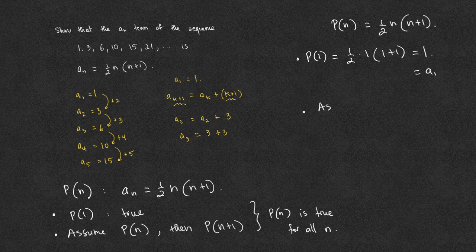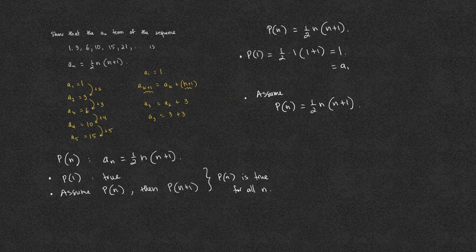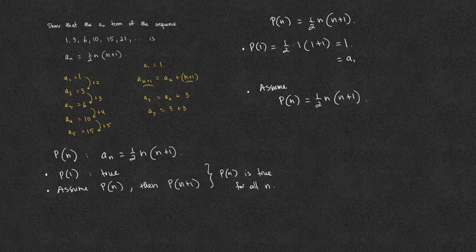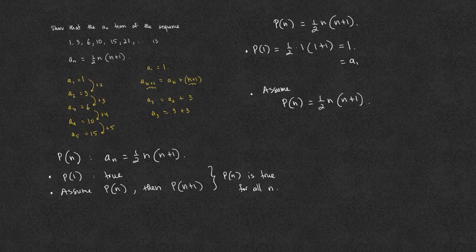Now we assume that this is true for a sub n, where a sub n is p sub n, which is 1/2 n times n plus 1. Remember that we assume this statement about p sub n only, one case only, not all cases n. We then use it to show that p sub n plus 1 is true.